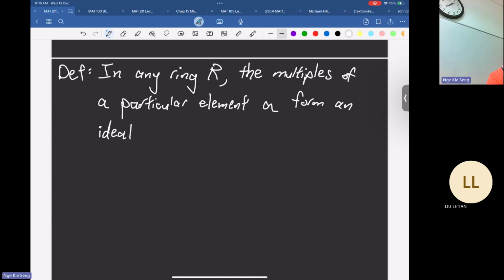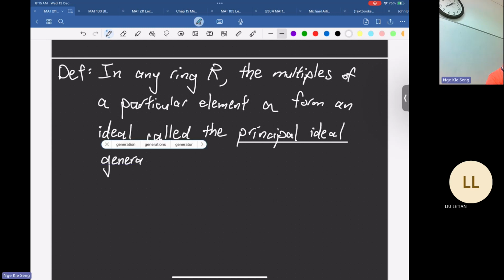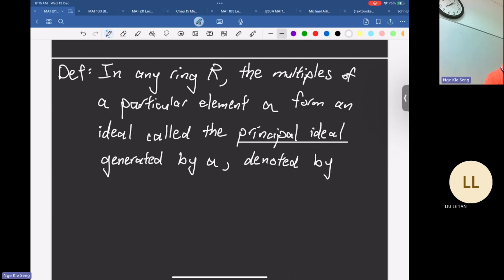This is a very important ideal that we call the principal ideal. It is generated by a, and we will denote it sometimes by bracket a, round bracket or square bracket. Sometimes also we will write aR or just Ra because our ring is commutative.